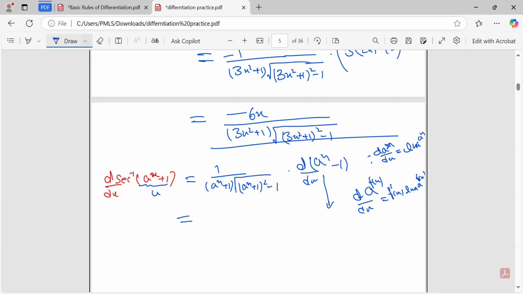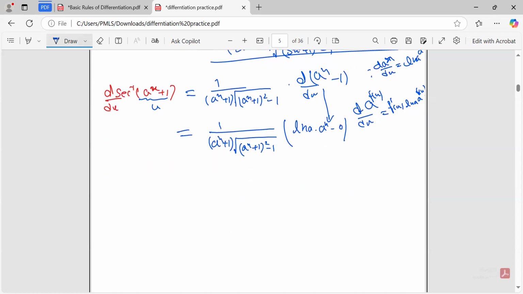So it will be 1 over a to the power x plus 1 as it is, times square root of a to the power x plus 1 whole square minus 1, times the derivative of a to the power x, which is ln of a times a to the power x, minus the derivative of the constant, 0. So the final answer is a to the power x times ln of a over a to the power x plus 1 times square root of a to the power x plus 1 whole square minus 1.